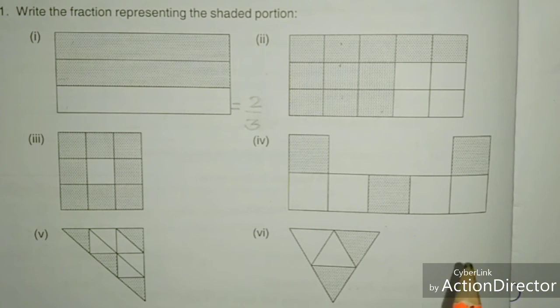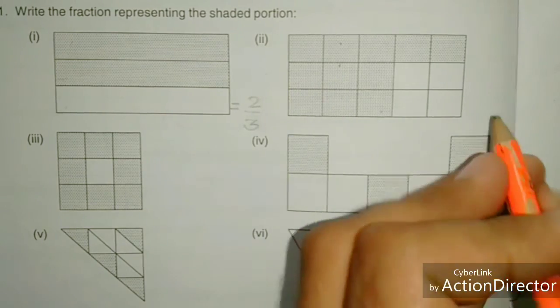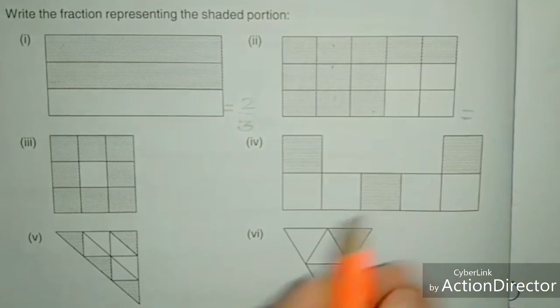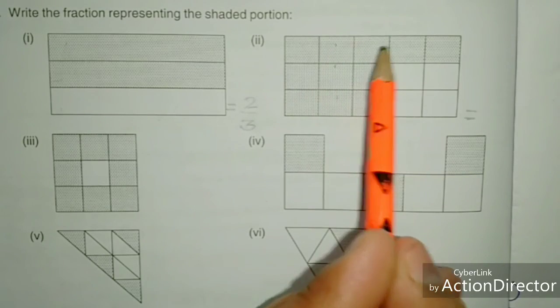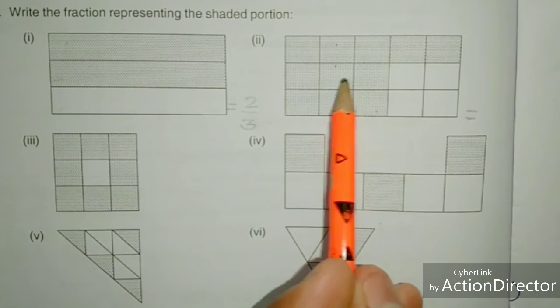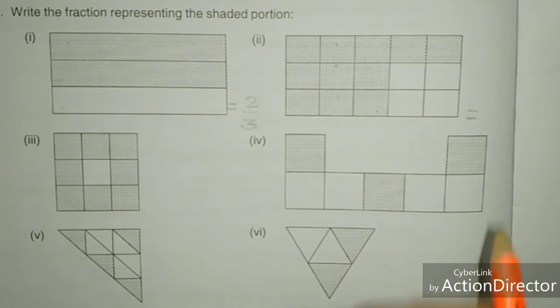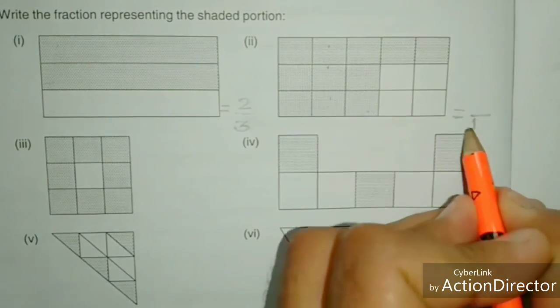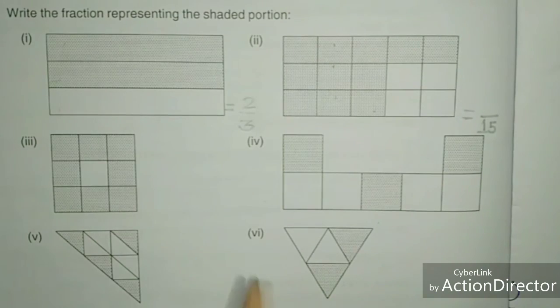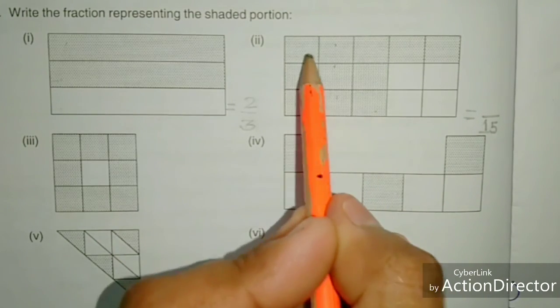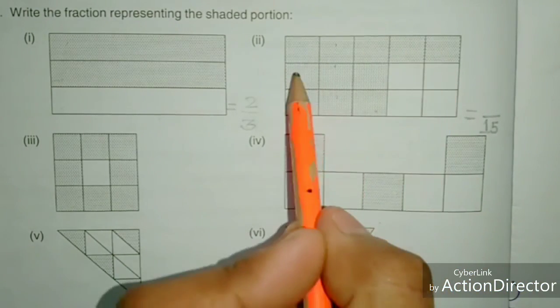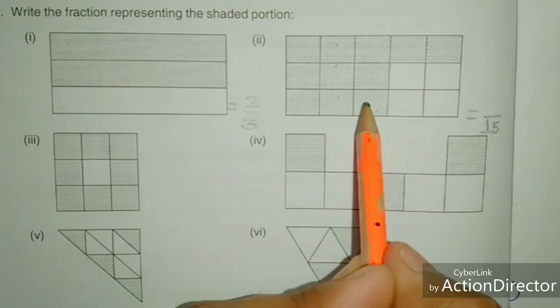In the next example, the total number of equal parts is 1, 2, 3, 4, 5, 6, 7, 8, 9, 10, 11, 12, 13, 14, 15. Total equal parts 15. So we write 15 in the denominator, and total shaded parts 1, 2, 3, 4, 5, 6, 7, 8, 9, 10, 11.